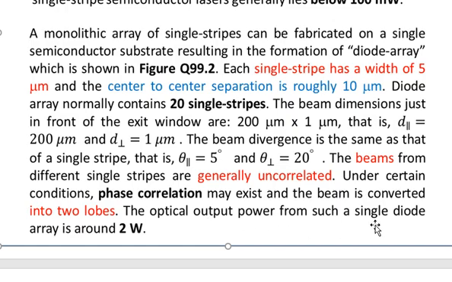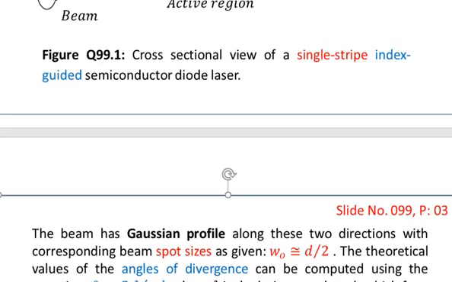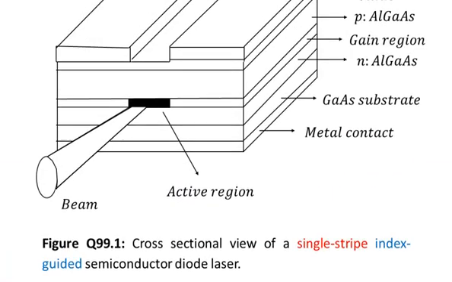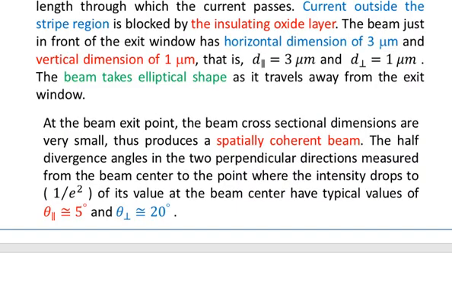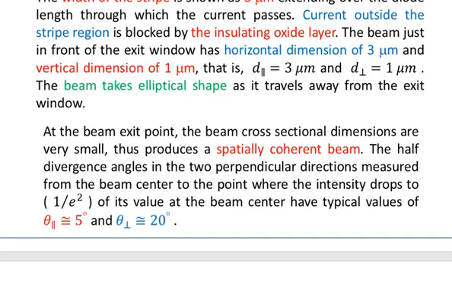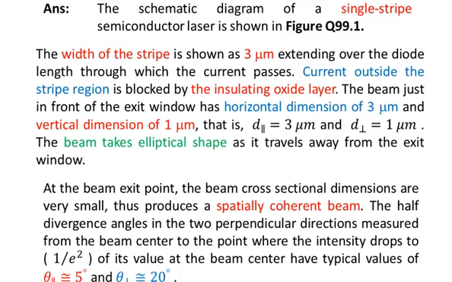The optical output power from such a single diode array is around 2 watt. That is 2000 milliwatt. So you see that this is the upper limit from such a diode array. So this is what we have discussed, the diode array. When we discussed the single strip semiconductor diode, the upper limit of the power was roughly 100 milliwatt.